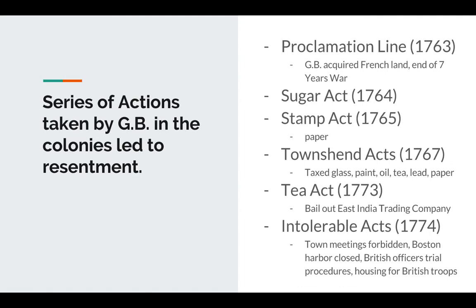British officer trial procedures changed, so if British officers committed a crime in one colony, they could be tried in a different colony or even go back to Great Britain. So they were kind of let off the hook in a way. And then lastly, the housing regulations for British troops were changed, and they could just come to anybody's house and stay with them.